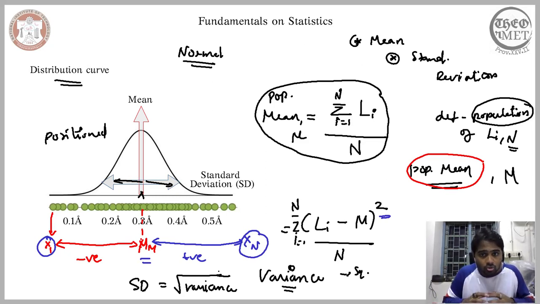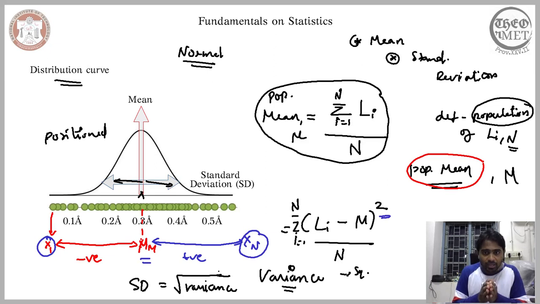Once we have fixed the position of the curve, we want to know how spread out the normal distribution curve is. In order to do that, we consider the difference between the mean and the individual lattice parameters. On a scale, this gives us the distance between the mean and the lattice parameters of other alloys.